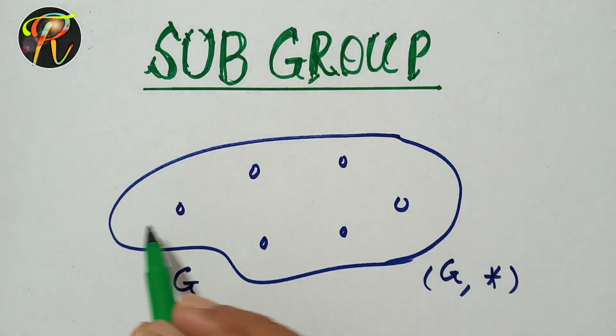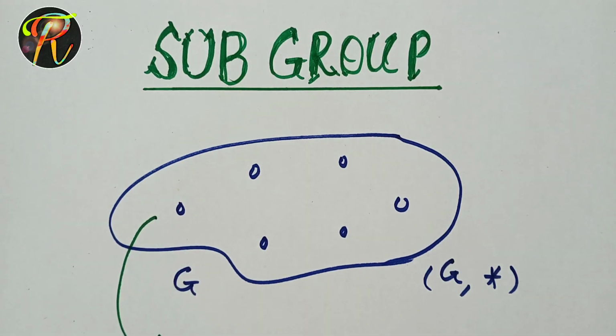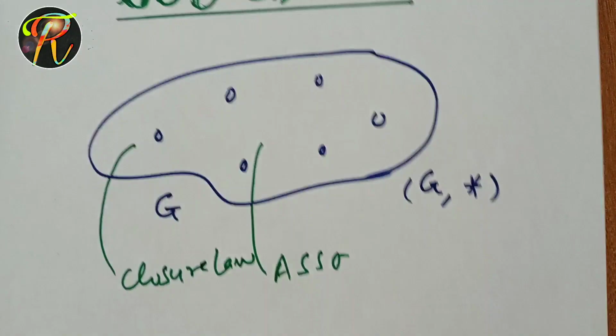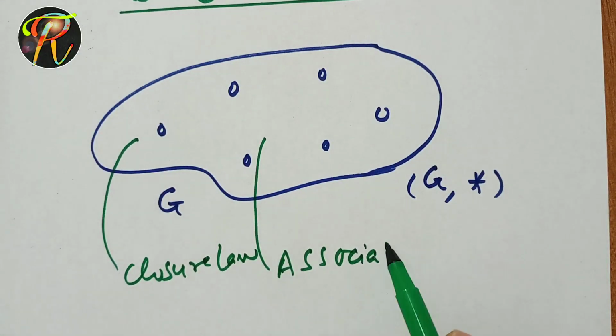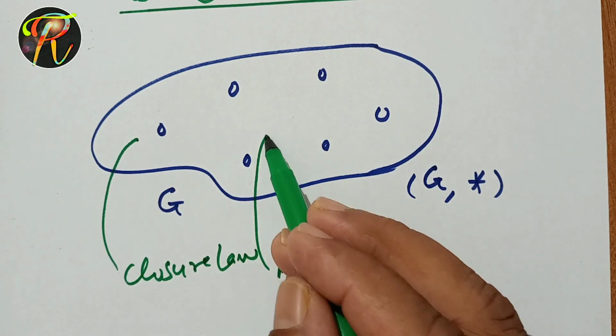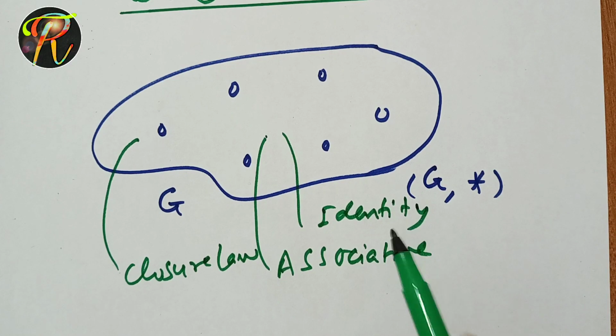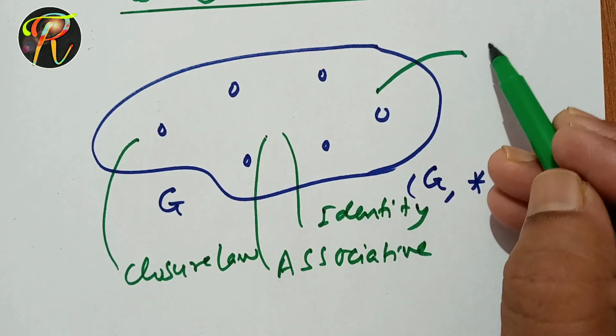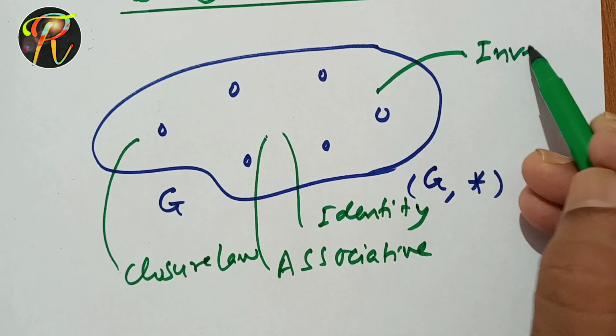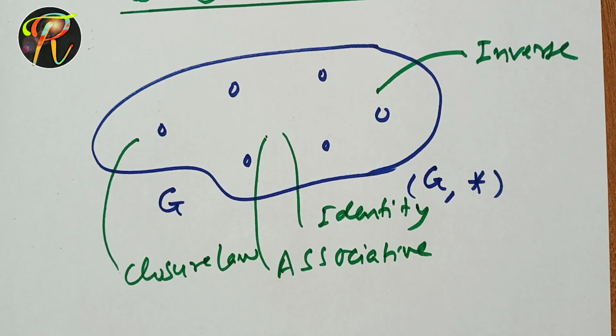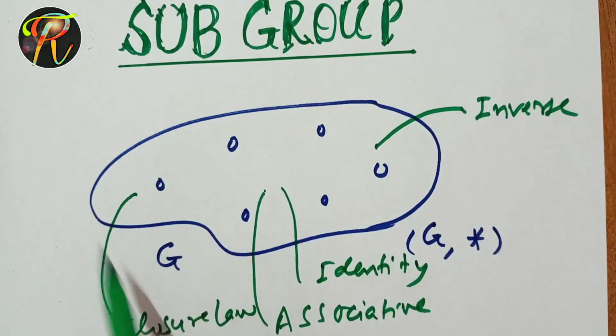This means it has closure law, it has associative, it has identity, and each element has an inverse.